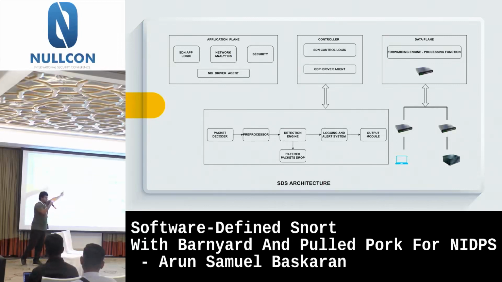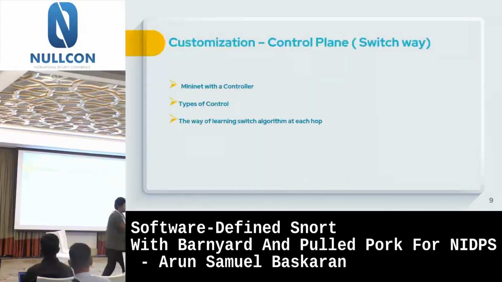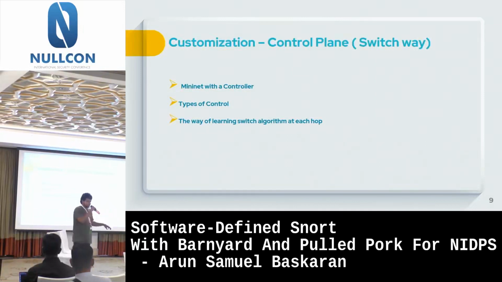So there is another security rule defined internally. Along with that, to make sure the switch does not crash, we are including Snort and Barnyard for a high performance system. This is where the second type of control, the learning switch, comes into the picture.